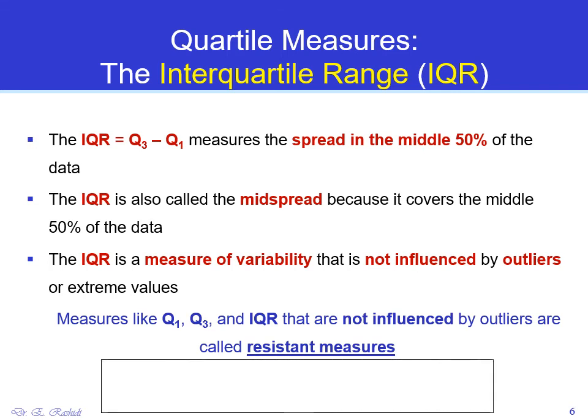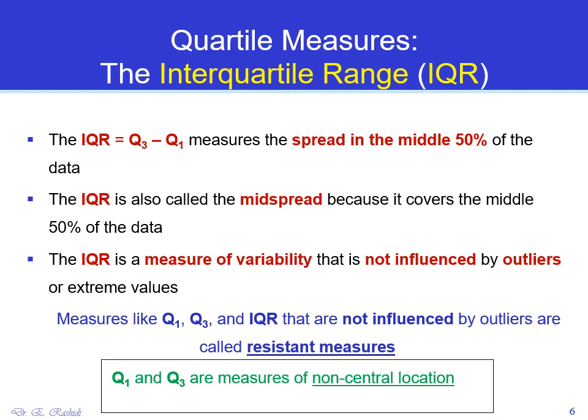Q1, the first quartile, and Q3, the third quartile, are measures of non-central location because they are on the other sides, the left side and the right side of your data.